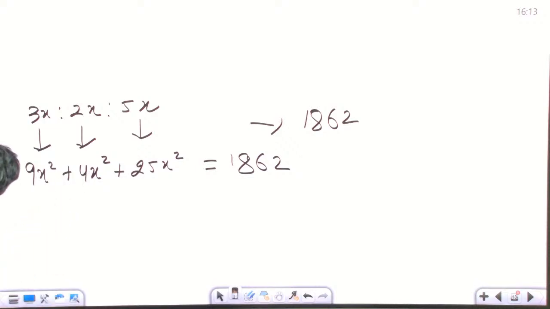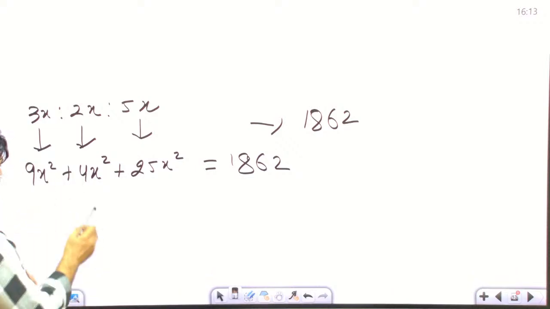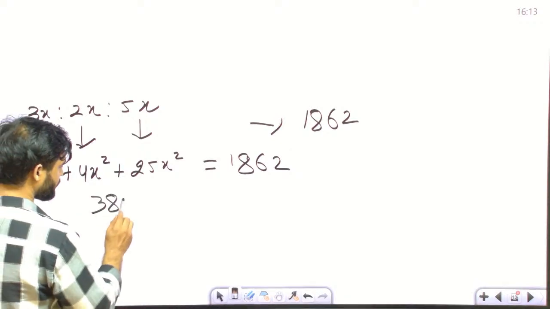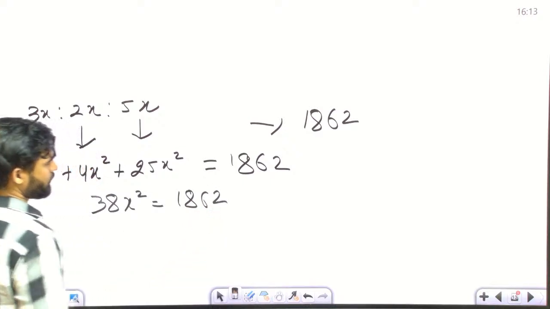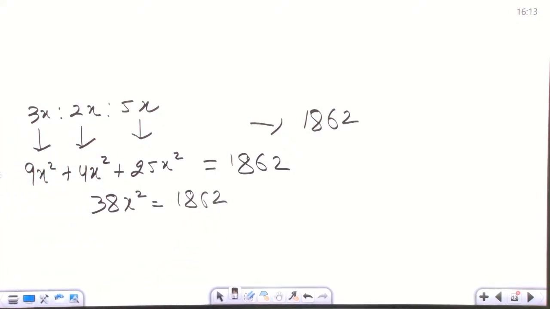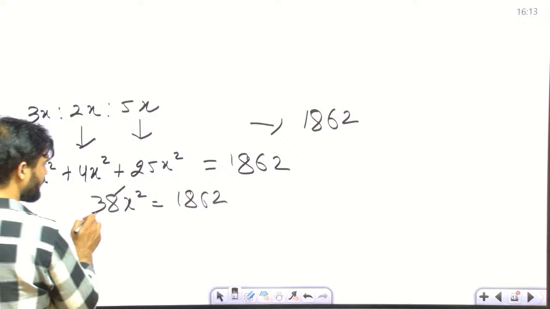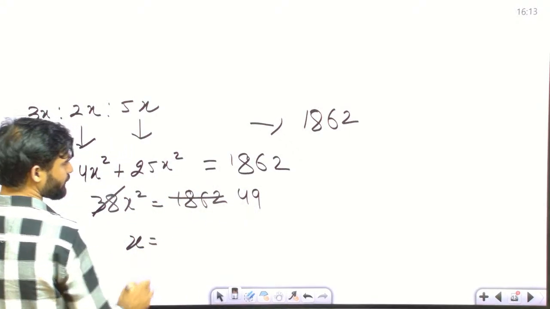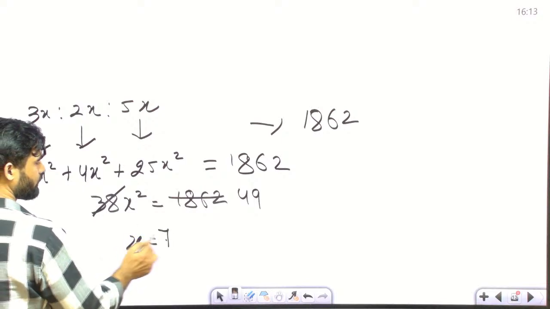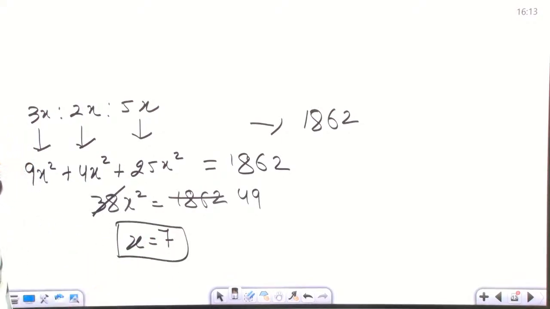Add these numbers: 9 plus 4 plus 25 is 38x square. Divide this number and you are getting 49. So 49 is the perfect square of 7, so the value of x is 7.